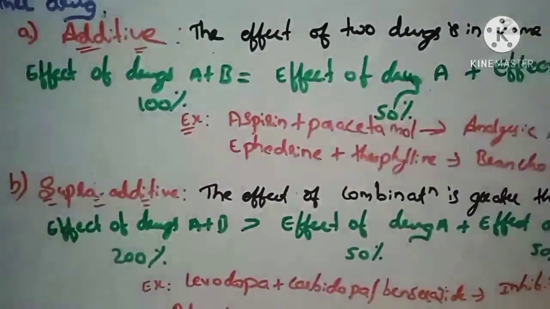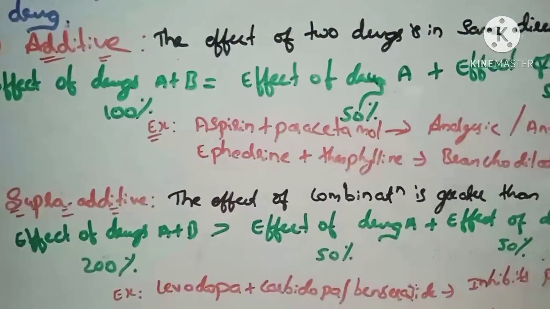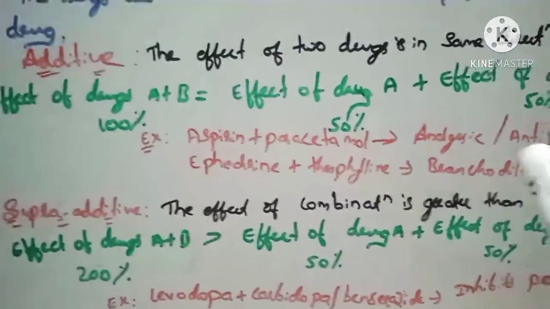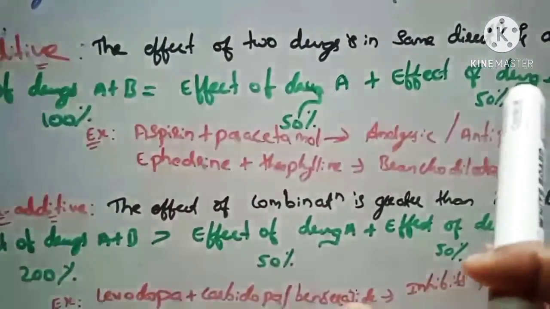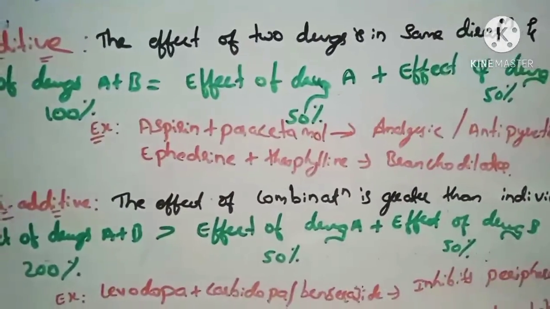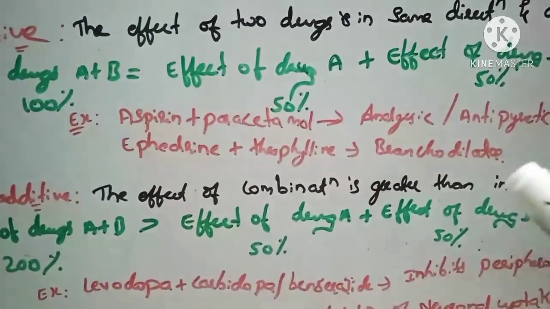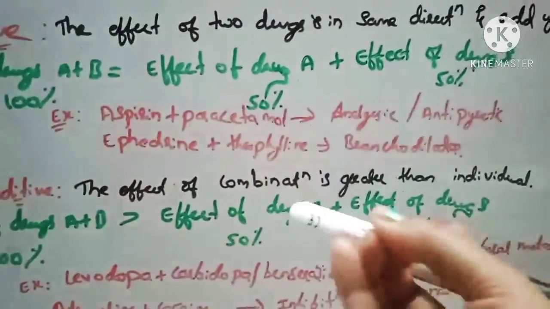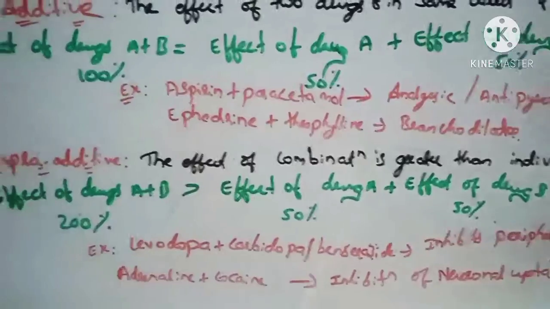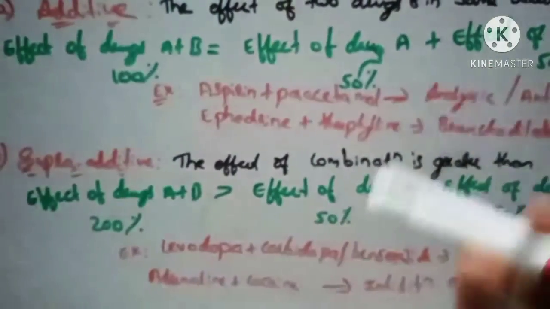But in supra-additive, without combination the individual drugs do not show the pharmacological action, while by the combination it shows greater activity, greater affinity, so more active. This is the difference between additive and supra-additive.